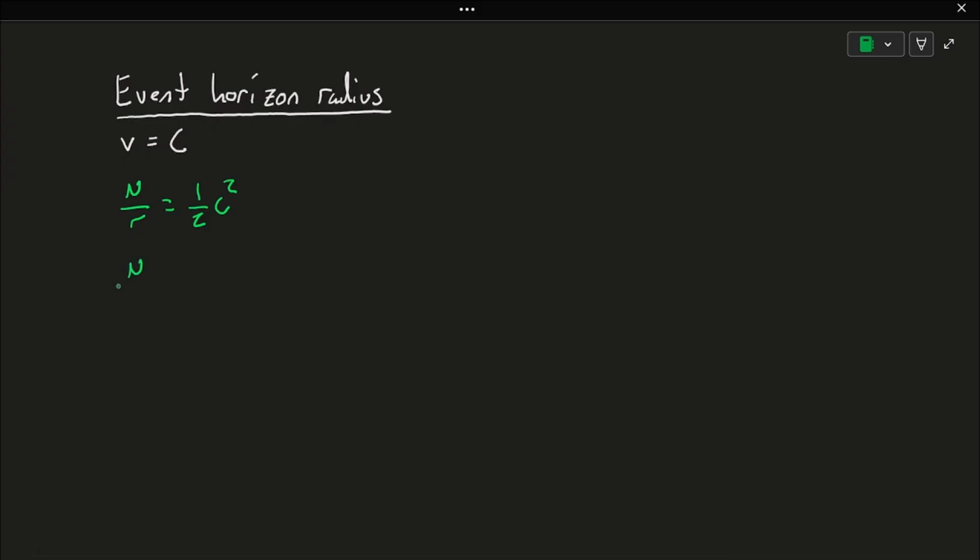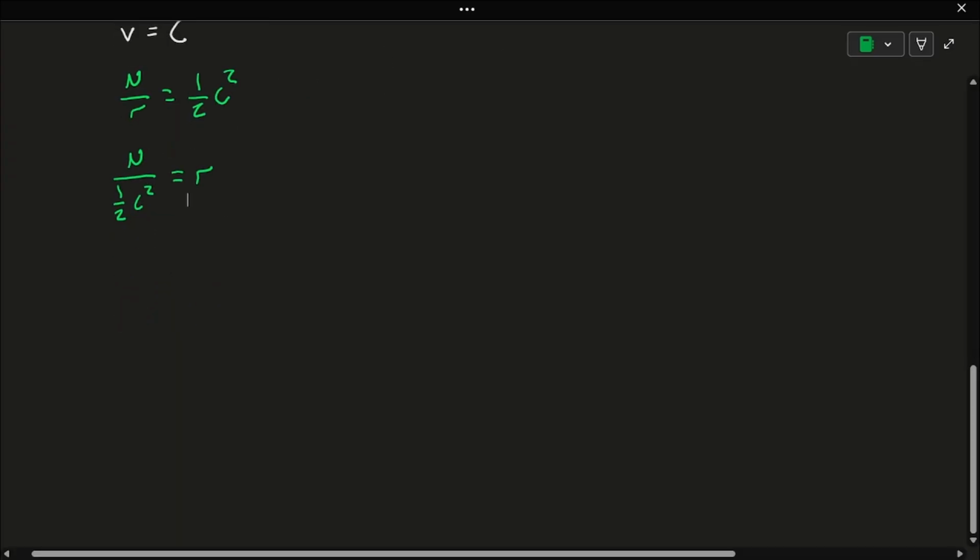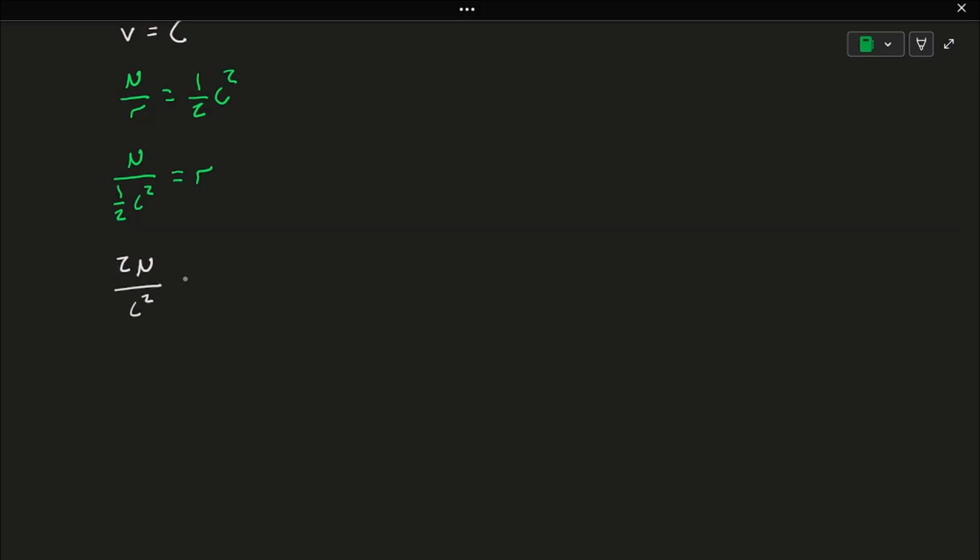So let's see, we have mu divided by 1/2 c squared equals r. Just rearranging this a little bit, and then we can bring that 2 up to the top from the 1/2. So we have 2 mu divided by c squared equals r. And that is our radius of an event horizon.